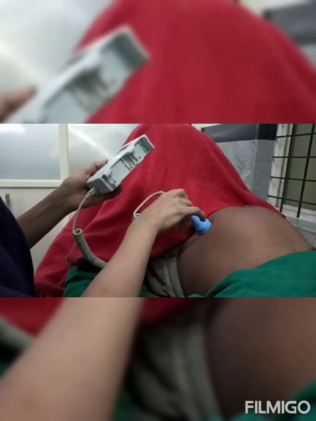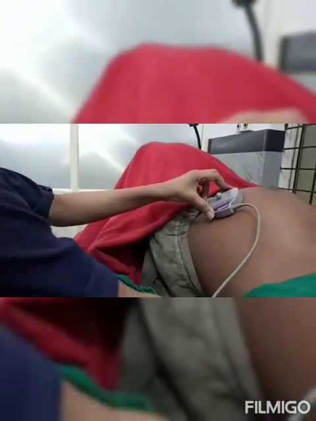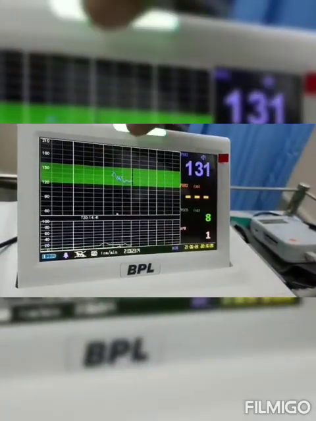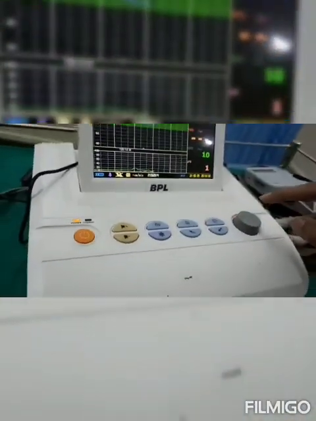After localizing the FHS, this Doppler probe is placed, and this FHS will be recorded in this CTG paper in print as well.